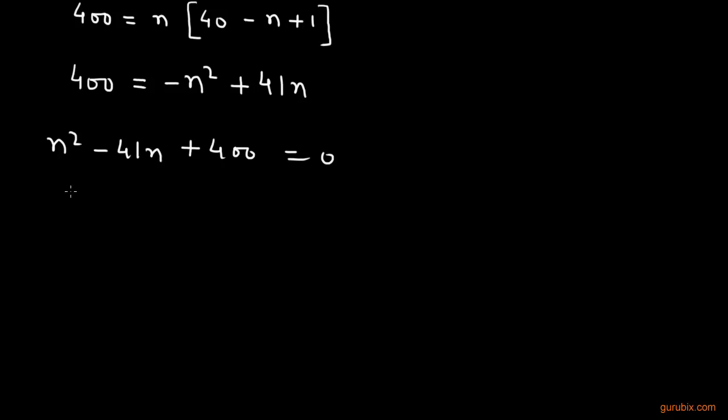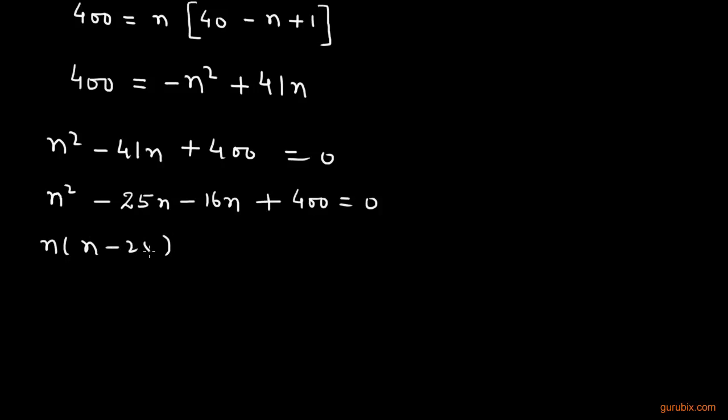We shall factorize this quadratic equation by using the middle term factorization method, and by that we get the middle term factorized like this: n square minus 25n minus 16n plus 400 equals 0. We can take n common from the first two terms, this is n minus 25, and here we take minus 16 as common, so we get n minus 25 in the bracket.